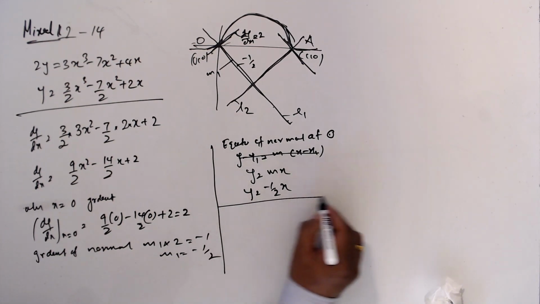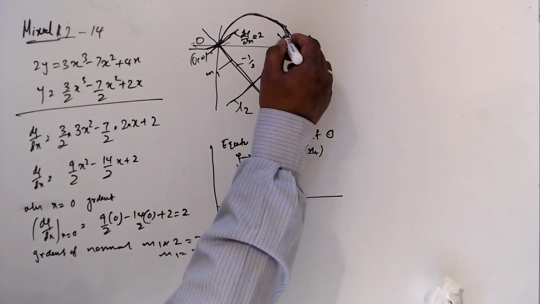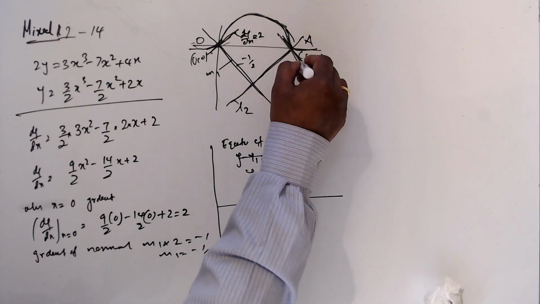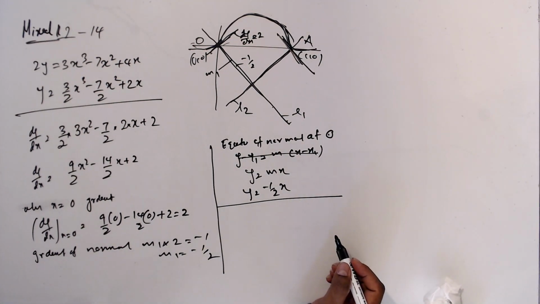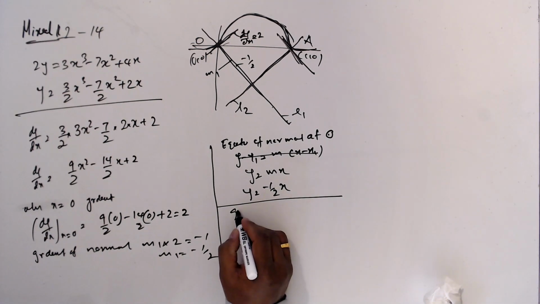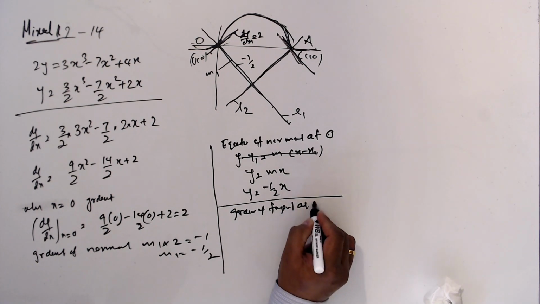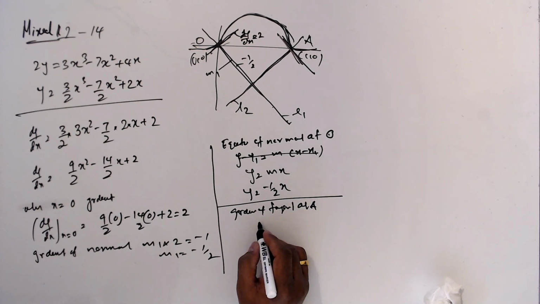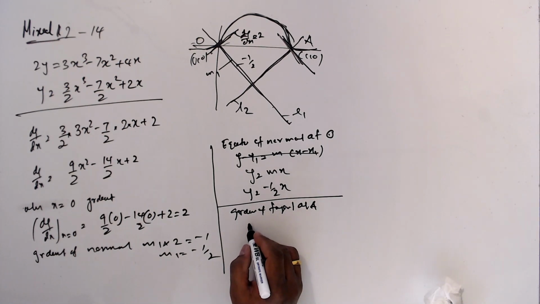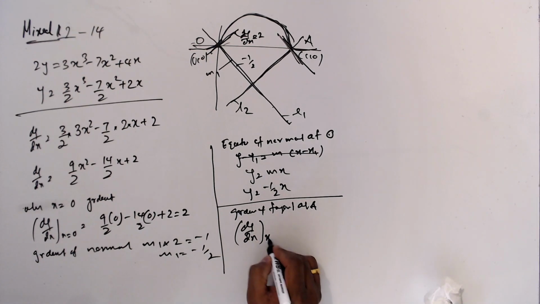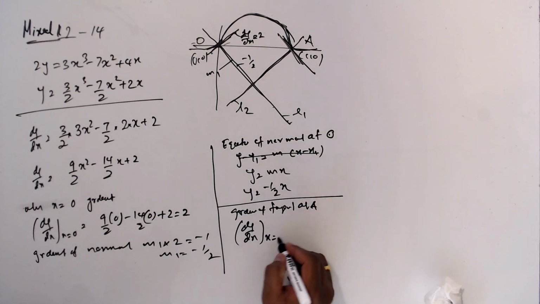Now let's find the gradient of this tangent, the gradient of the tangent at A. That is dy over dx when x equals 1.